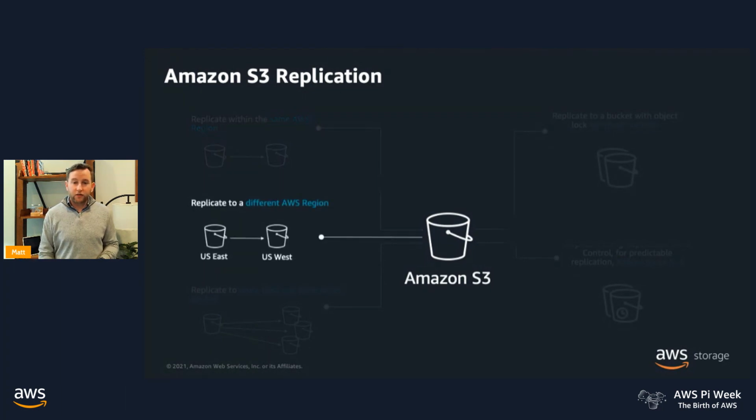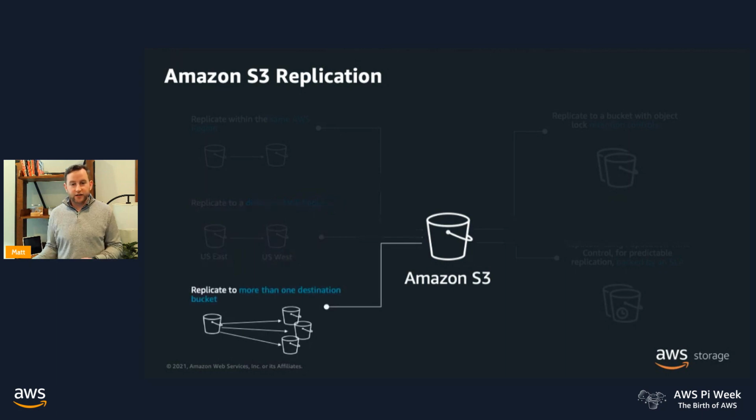Or maybe you have to replicate data to a different AWS region, and you can use S3 Cross-Region Replication. For example, many customers have regulatory requirements where they need a second copy of their data in a region that's several hundred miles away. So consider using S3 Cross-Region Replication for this type of use case.